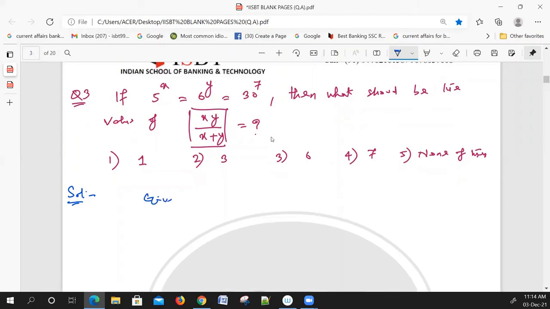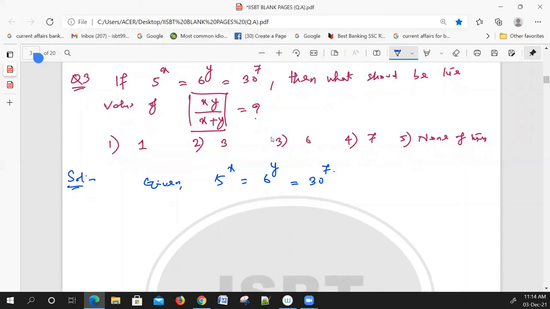Given 5 to the power x is equal to 6 to the power y is equal to 30 to the power 7. Okay, we can write 5 to the power x is equal to 30 to the power 7. Now we can write 5 is equal to 30 to the power 7/x.